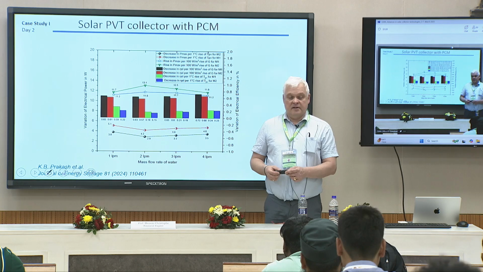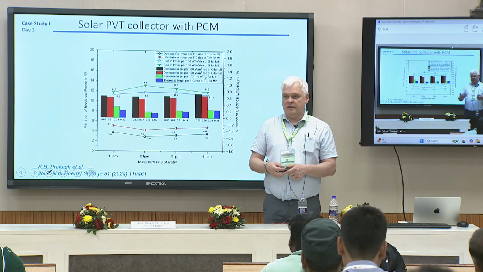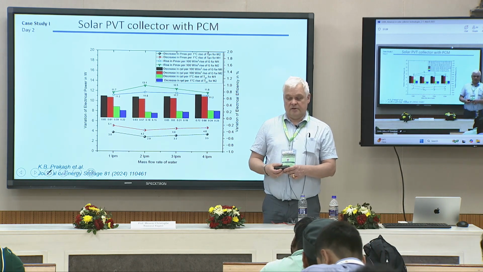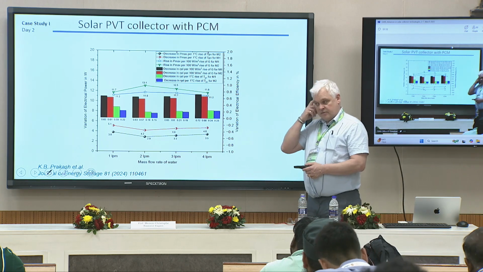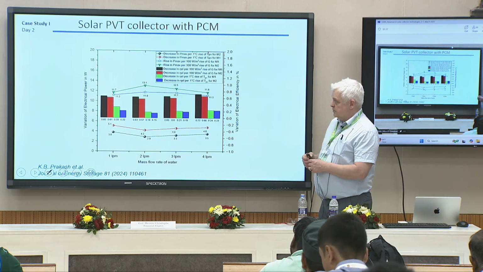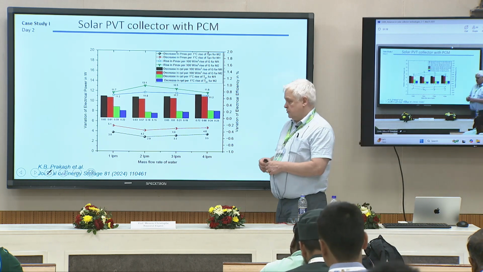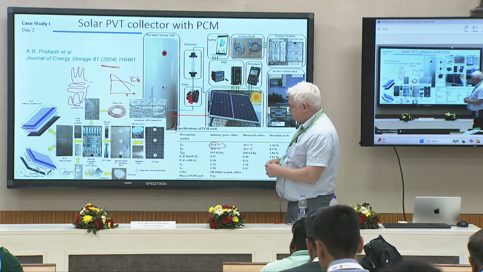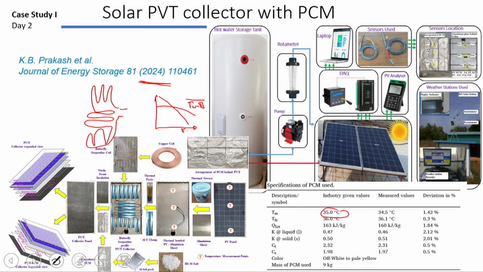Finally, if you win in terms of electrical function, the global exergy efficiency is better, but you can find a compromise between thermal and electrical. In his case, he found a good compromise with phase change that he chose at 35 degrees in terms of melting, and with a flow rate of 2 liters per minute.